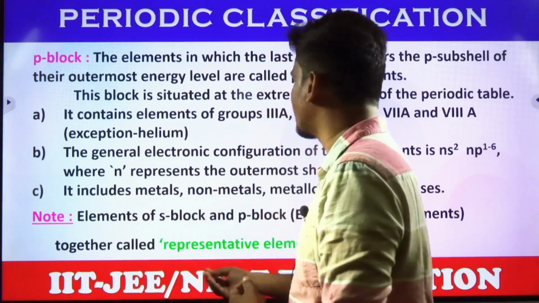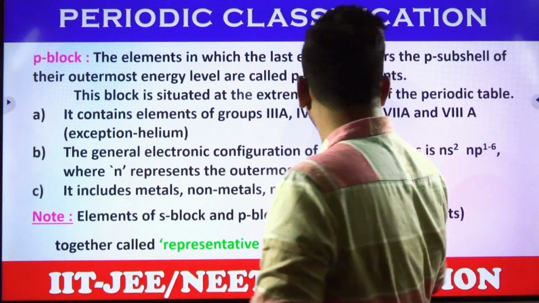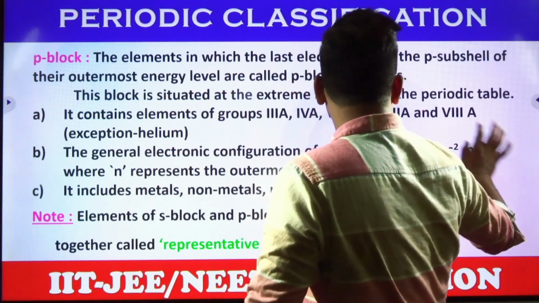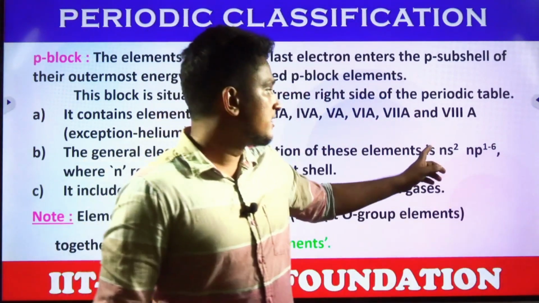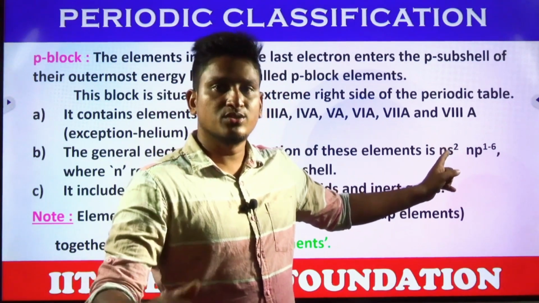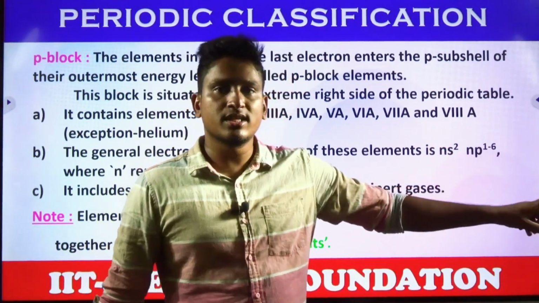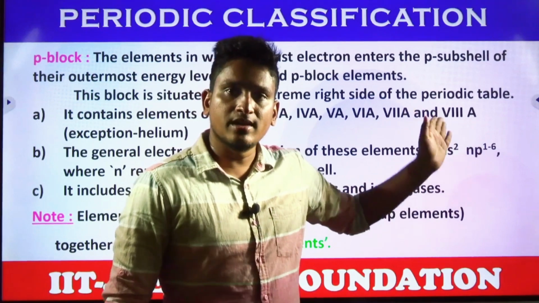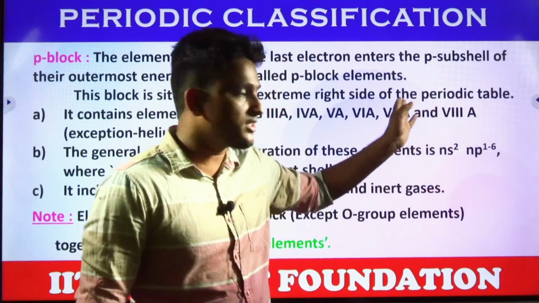So that's why it is an exception. What is the general configuration? The general configuration is ns2 np1-6. ns2 means in general 2s2, 3s2, 4s2. np1-6 means the groups ranging from 13 to 18. What are the elements' configurations ranging from?